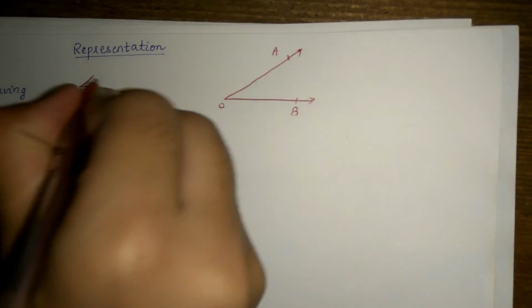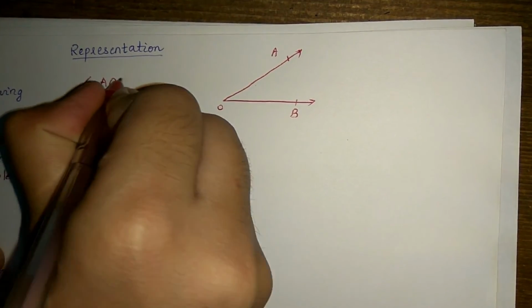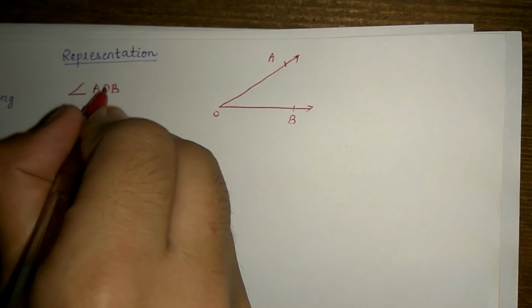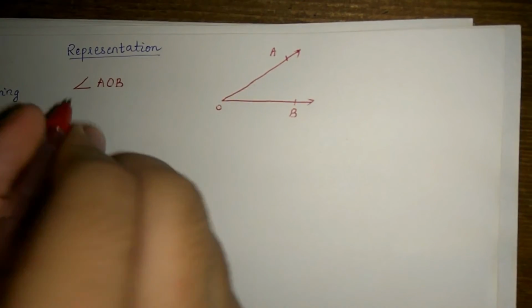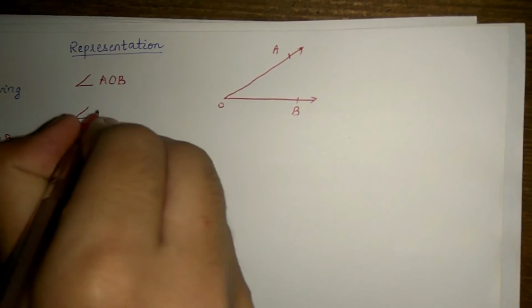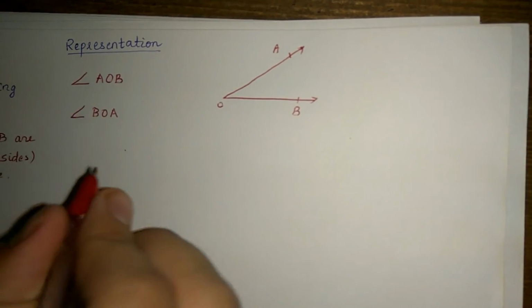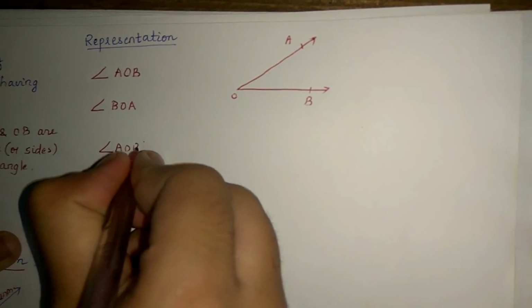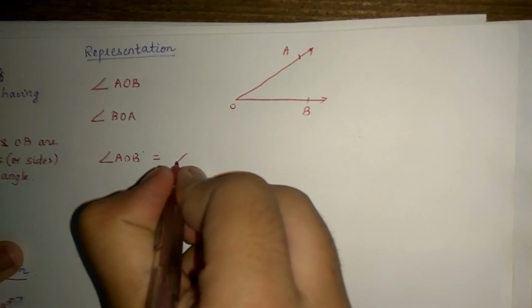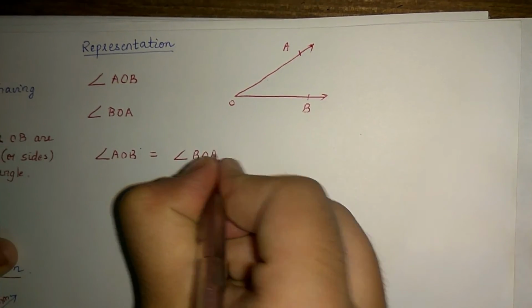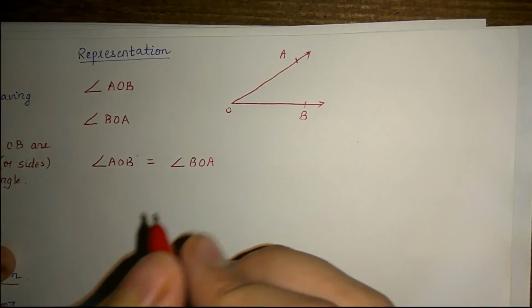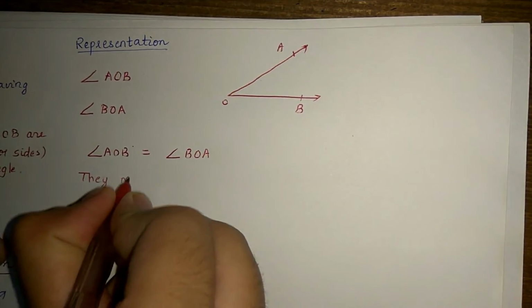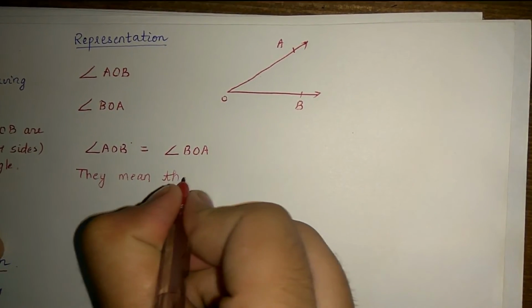This is the symbol, and AOB. So angle AOB. We can also write this as angle BOA. We should always note that angle AOB is equal to angle BOA. They mean the same.